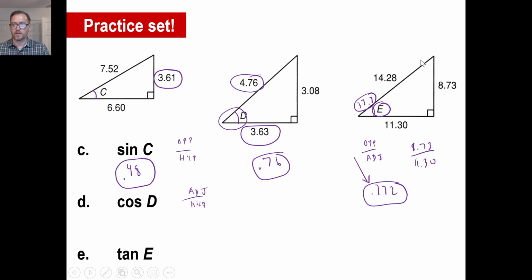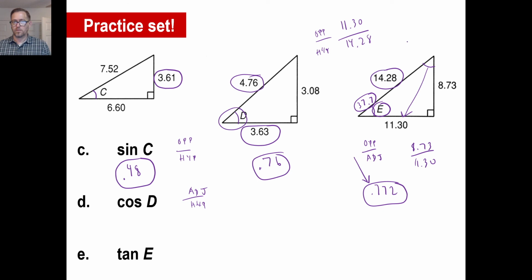What we can do now is, any angle you want to mess with, sine, cosine, tangent, doesn't matter. Let's take this angle. Let's say opposite is 11.30. And that's the opposite. Hypotenuse is, of course, that, 14.28.